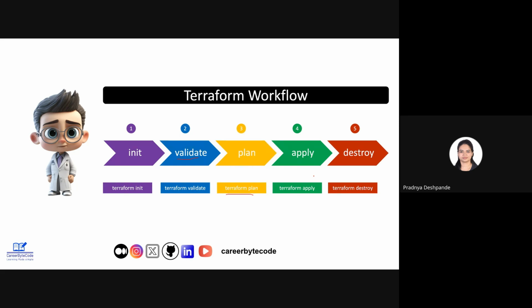If you want to create Docker images, when you execute the Terraform apply command, that image will be created. If you want to create a resource group on any cloud platform, you can see it has been created there. So this is where we need to use the apply command.